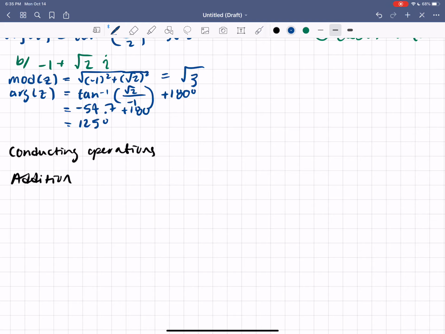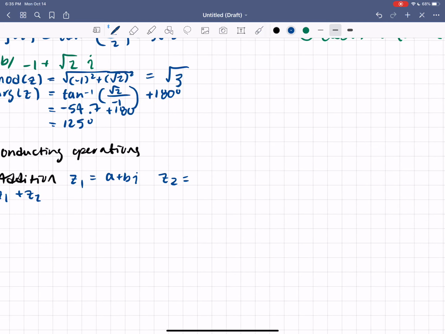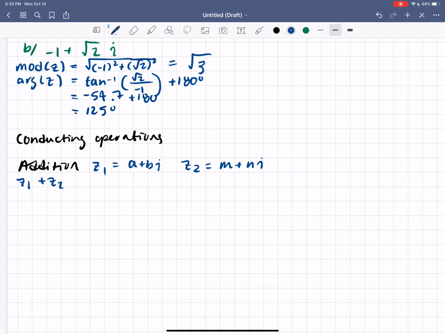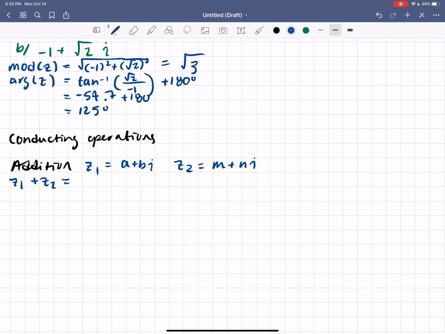When you have addition of 2 complex numbers given by z1 and z2, let's first define what z1 is. z1 is a plus bi, and we can call z2 the same thing but with different variables, so maybe m plus ni. Here, this one's pretty simple. z1 plus z2 is just the sum of the real numbers plus the sum of the imaginary portions.